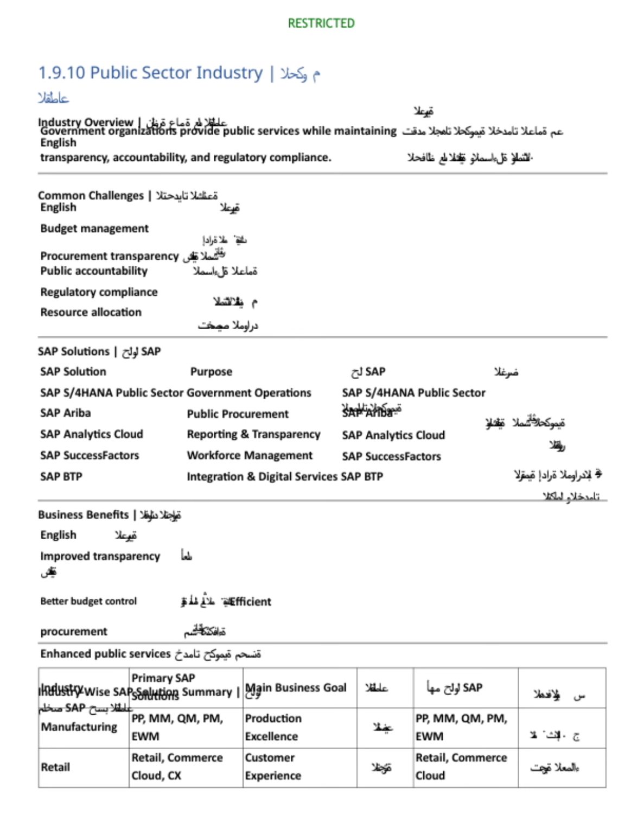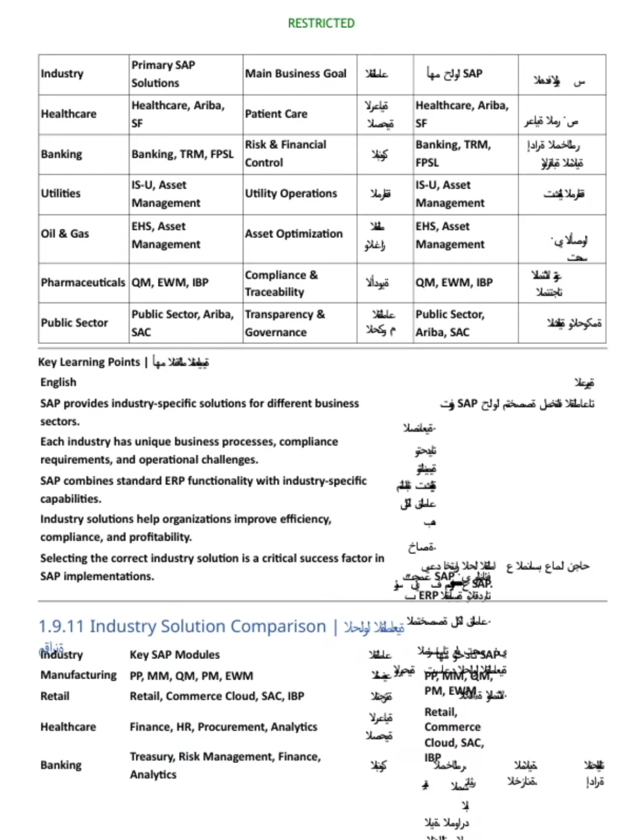We also see how SAP supports public sector needs, improving transparency, budget control, and procurement efficiency. The slide highlights key SAP tools like S/4HANA Public Sector, Ariba, and Analytics Cloud, all designed to boost accountability and streamline government operations.